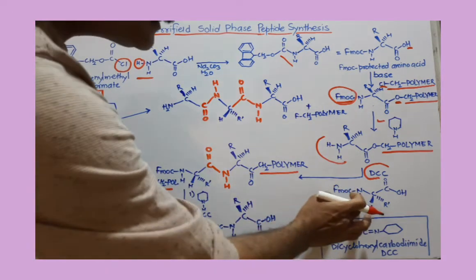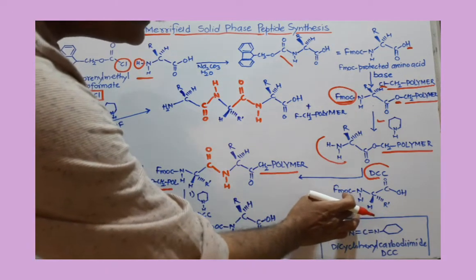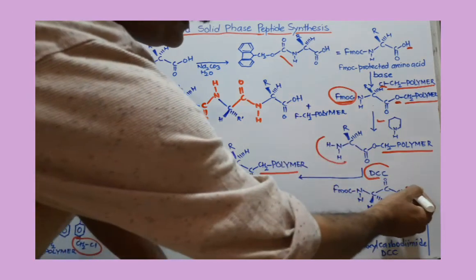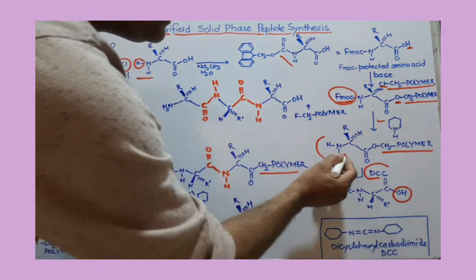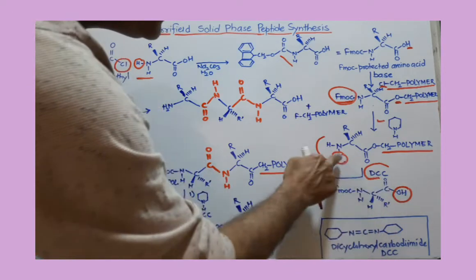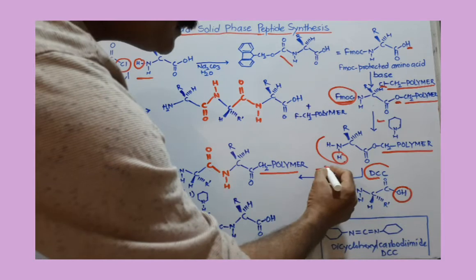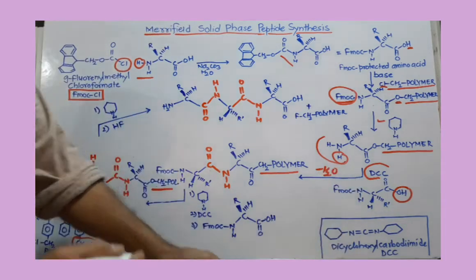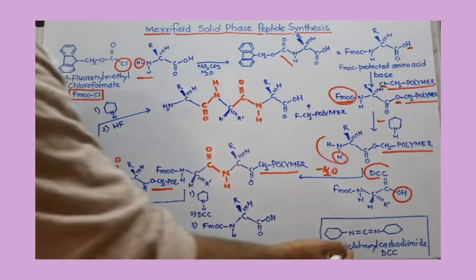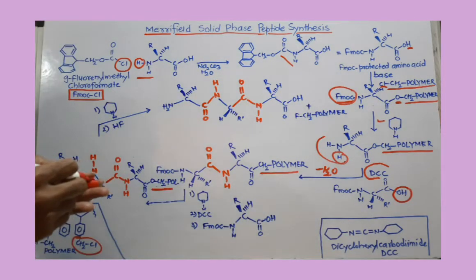Now see, once this another amino acid is added, it is now going to combine with NH2 by using this OH and this H. So you know very well, when OH and H is combined, we get here a water molecule, and that water molecule is removed by using DCC, that is dicyclohexyl carbodiimide.